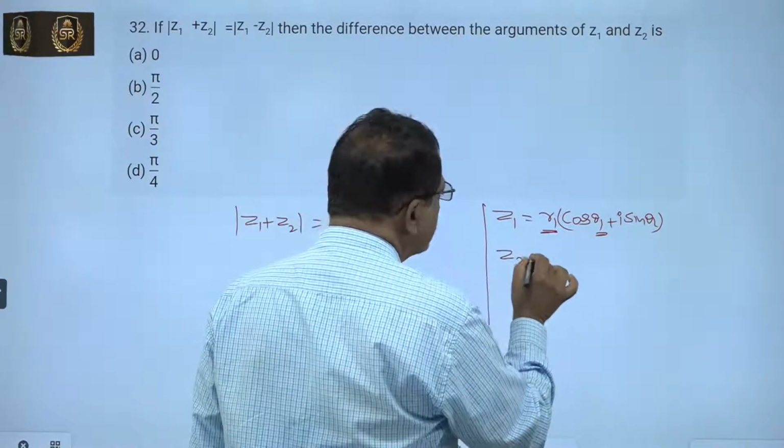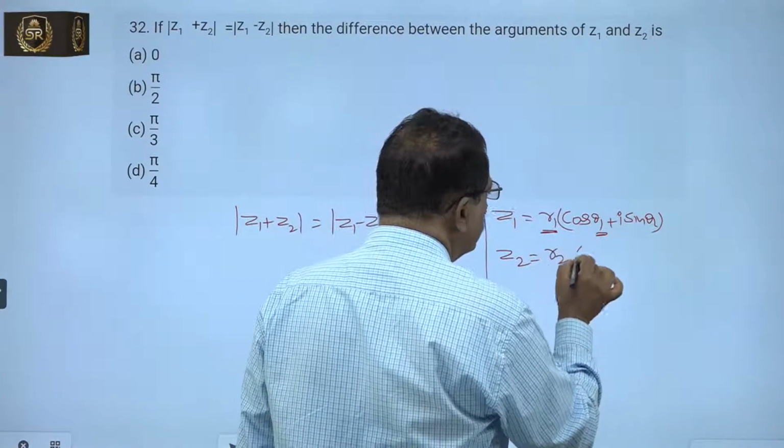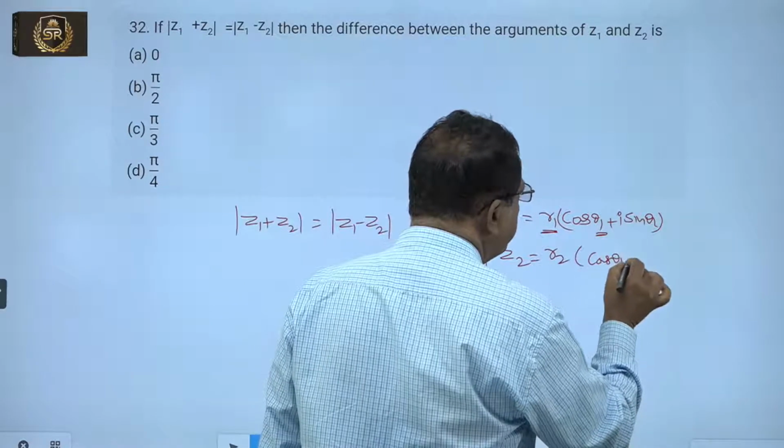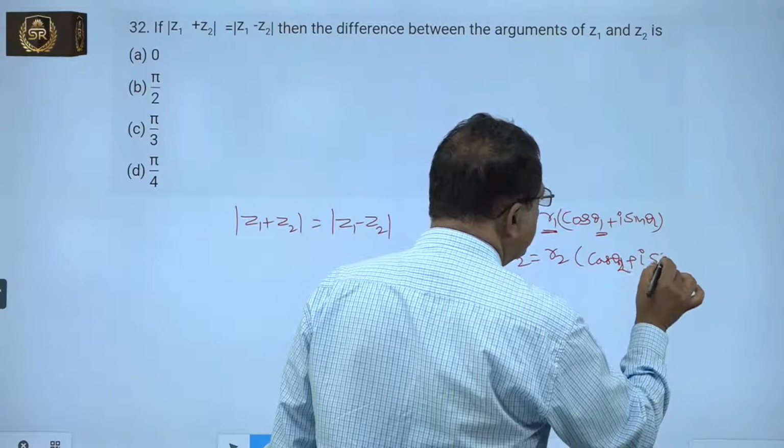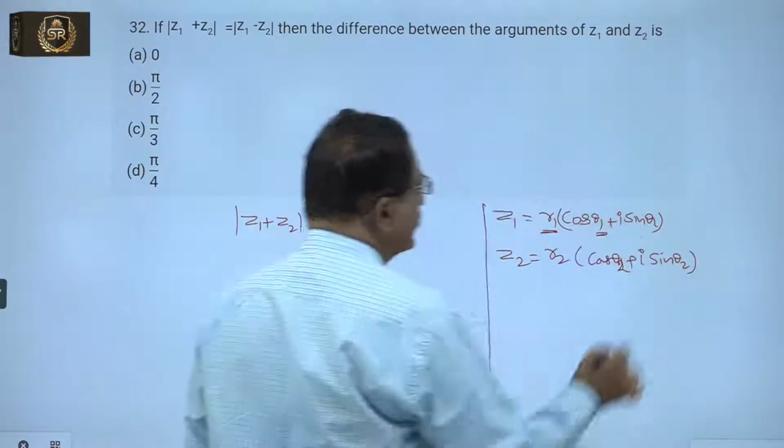Next, z2 equals, consider r2 into cos theta 2 plus i sin theta 2. Okay.